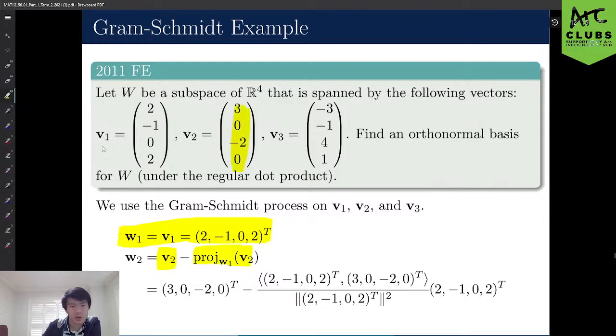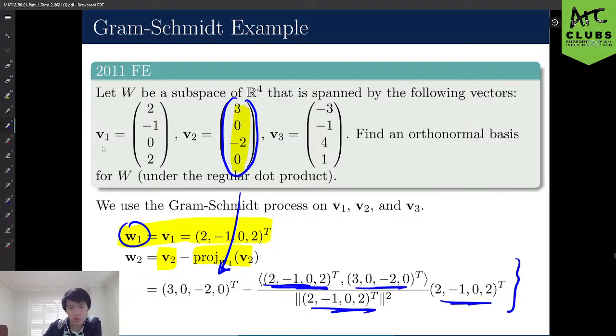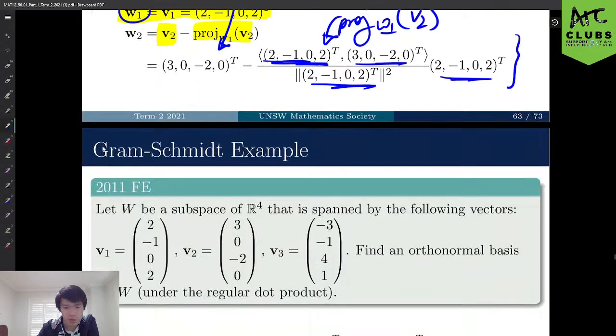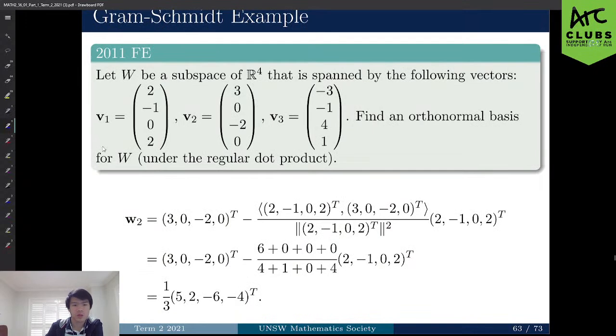That's V2 here. What we do is we take this thing, and subtract its projection onto W1. This is just our formula. Then we can just evaluate all of that, and we'll get this.